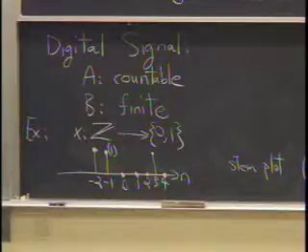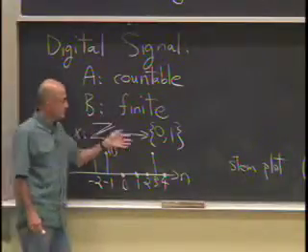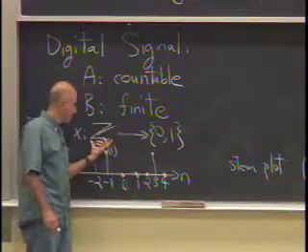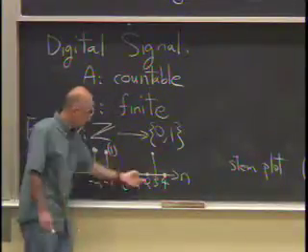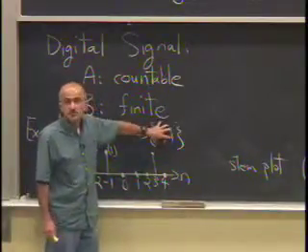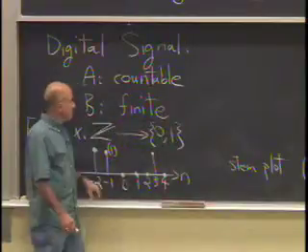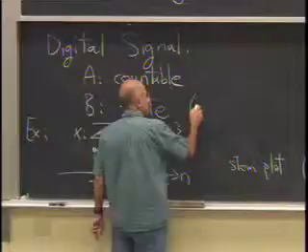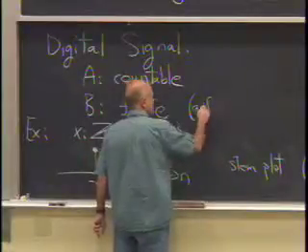Okay? So this is an example of a digital signal whose domain is a countable set, namely the integers, and whose range is a finite set. So let's say this, by finite we mean a finite number of elements.